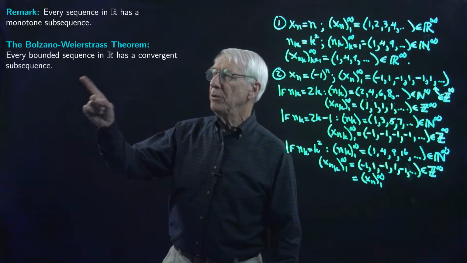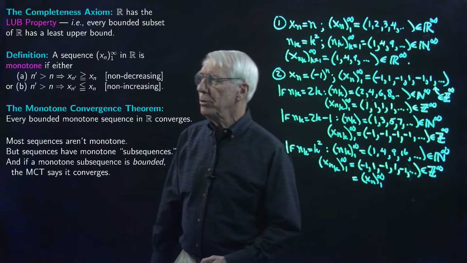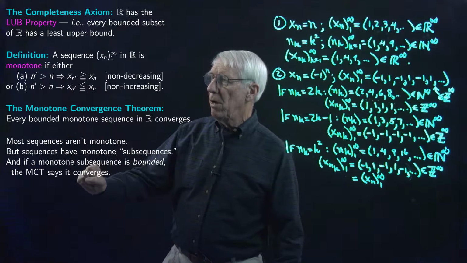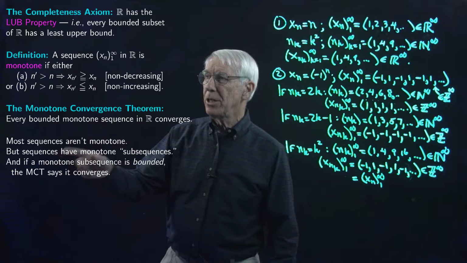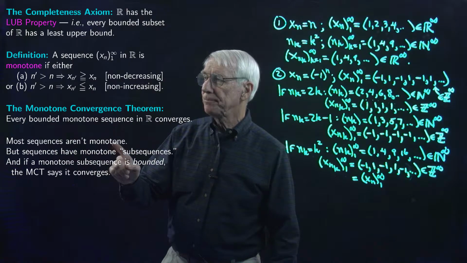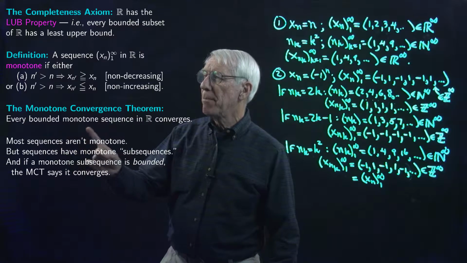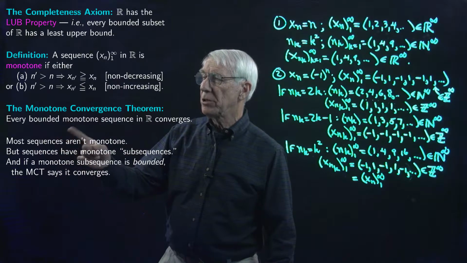Well, the reason it's true comes back to what we did a couple of screens ago, where we said actually all sequences have monotone subsequences, and the monotone subsequences that are bounded, the monotone convergence theorem says those subsequences converge.